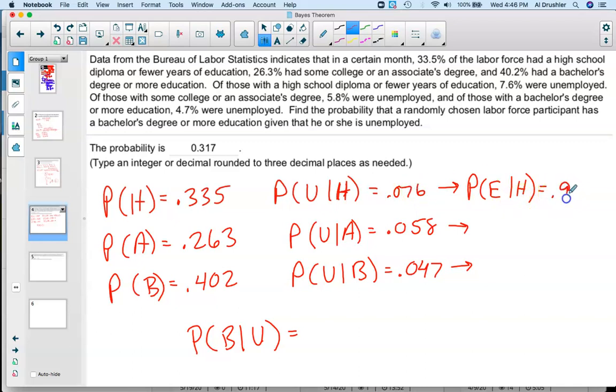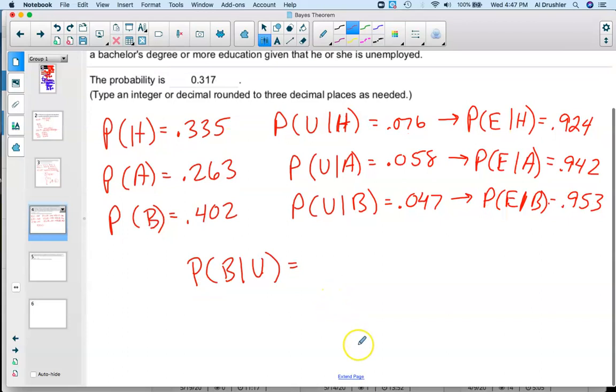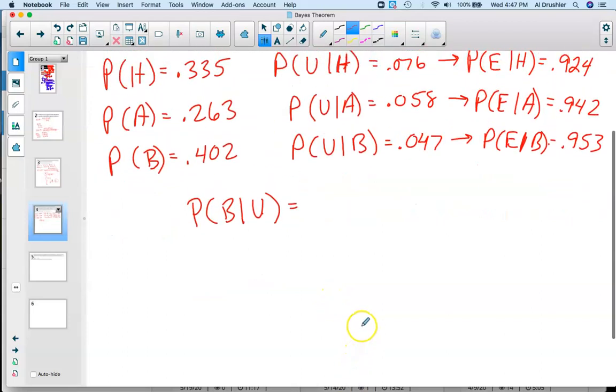We're not going to need these in this particular problem, but sometimes you do. So the probability employed given an associate's degree is 1 minus 0.058, which is 0.942. And the probability employed given bachelor's is 1 minus 0.047, which is 0.953. Depending on how they ask the question, sometimes you actually need those probabilities versus the unemployed, but that's not the case here.